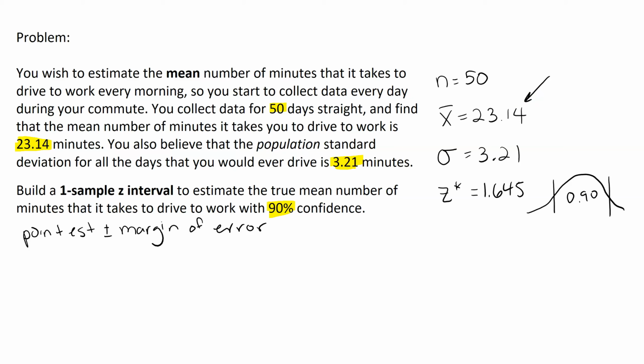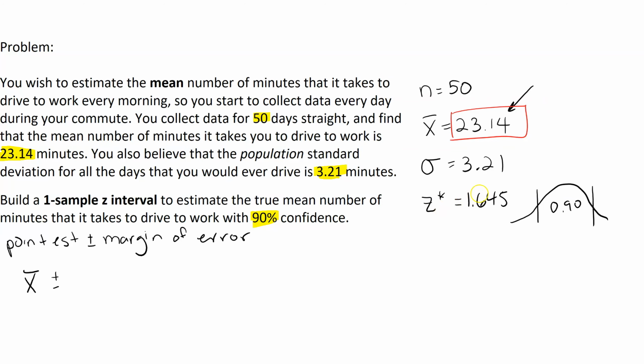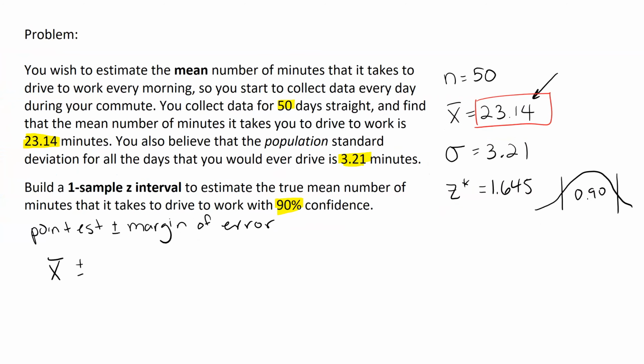So let's use this sample mean of 23.14 as our point estimate, because that's our X bar. And then our margin of error, remember, is the number of standard errors away from the mean we want to go. Well, we already know that this is going to be a Z star number of standard errors. And how big a standard error is can be found by taking our population standard deviation divided by the square root of n.